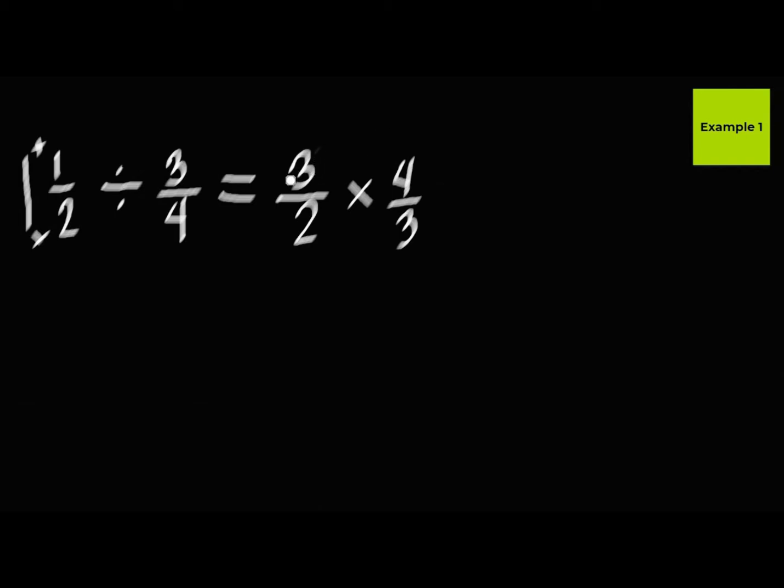Let's pair out 3 and 3. Obviously, their common factor is 3. 3 divided by 3 equals 1, and another 1.